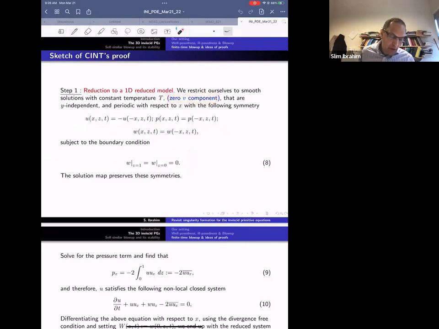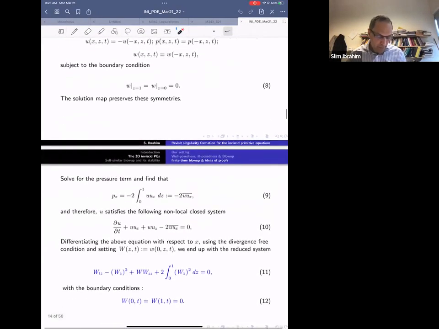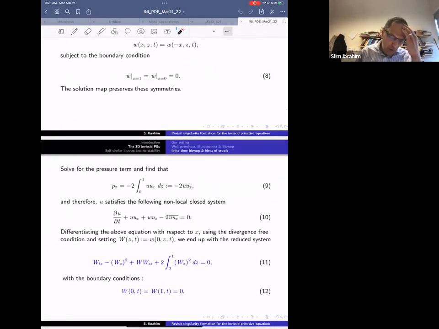Okay, so the idea is to reduce the 2D to a simpler one-dimensional PDE, for which we can show formation of singularity. The next step is to solve for the pressure.